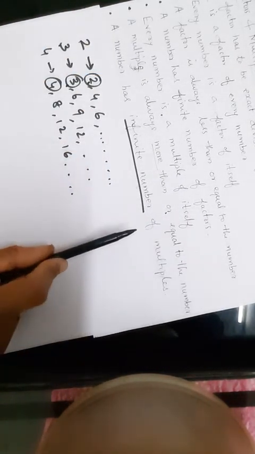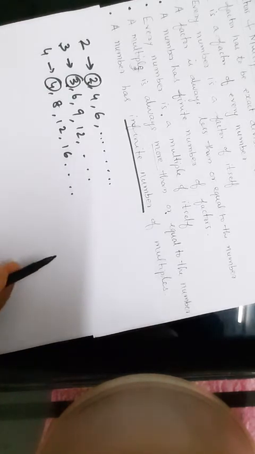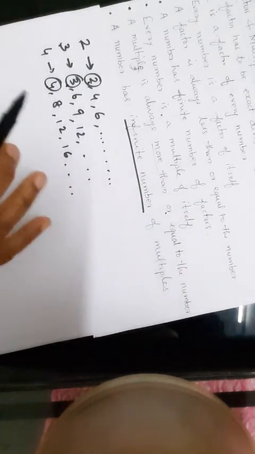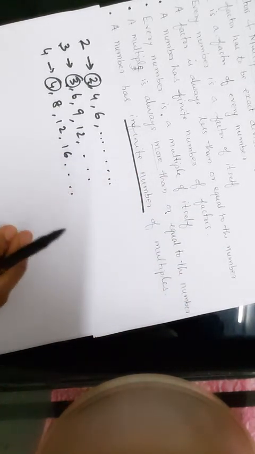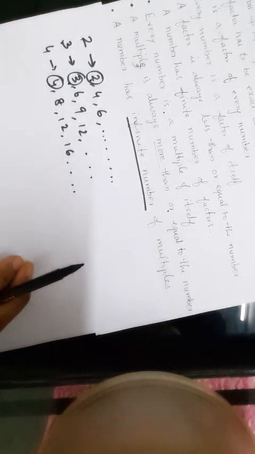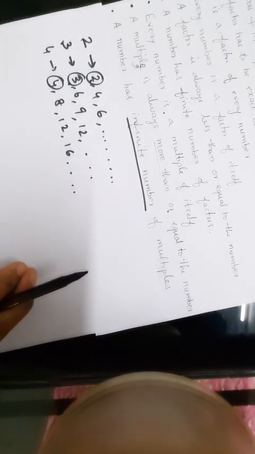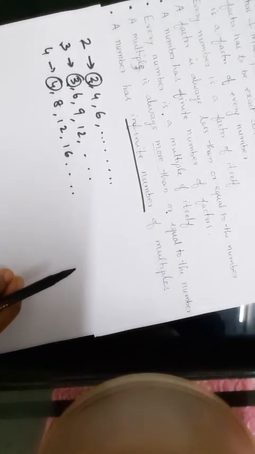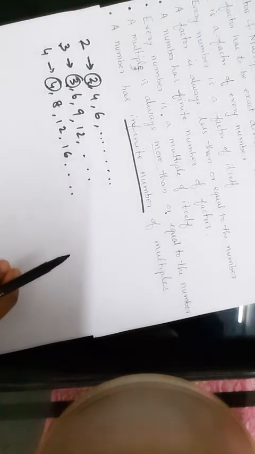And here the multiple is always more than or equal to the number. A number has a finite number of factors. Finite means countable. We can say how many factors there will be for the number 10. We can count, but we cannot count how many multiples there are for 10. It is infinite. That is the difference between finite and infinite.